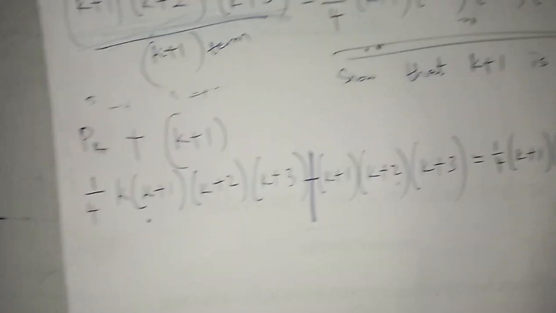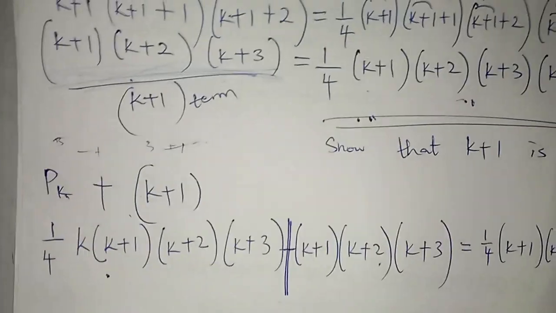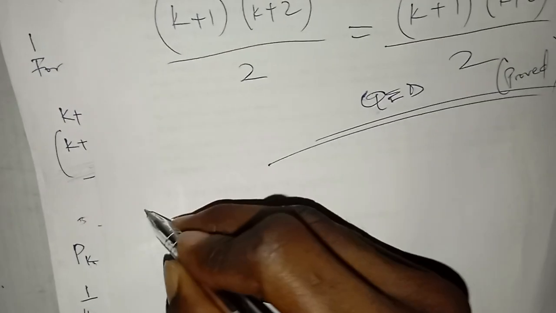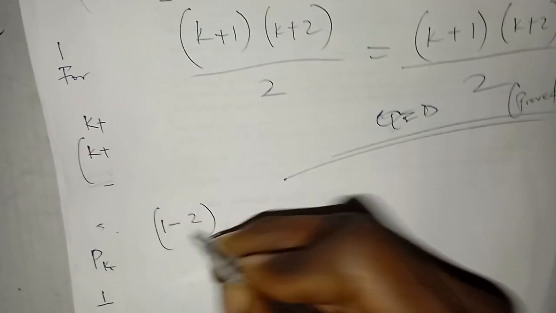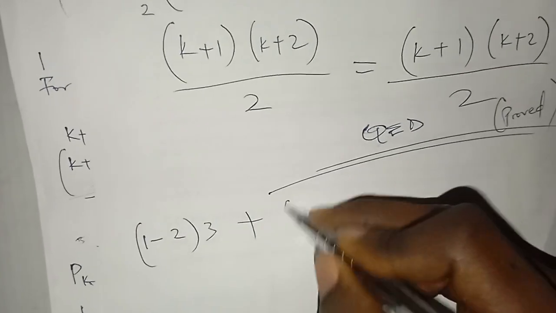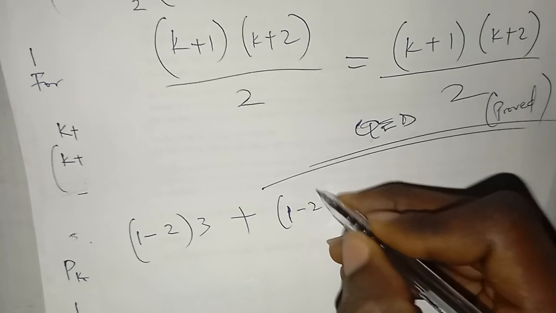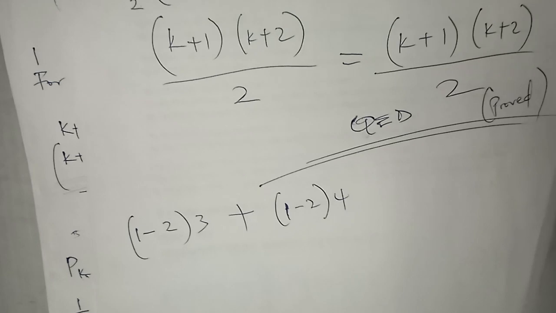So you can see that if you remember in mathematics, let's pay attention. Let's say I have 1 minus 2 times 3 plus 1 minus 2 times 4.